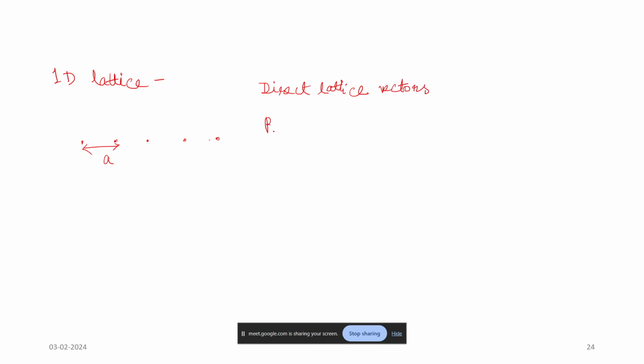So what are the direct lattice vectors and reciprocal lattice vectors? It is a 1D lattice. We have done this for FCC, so what will these be for this lattice? I have mentioned that you can take a similar approach to get the direct and reciprocal lattice vectors for any kind of lattice.